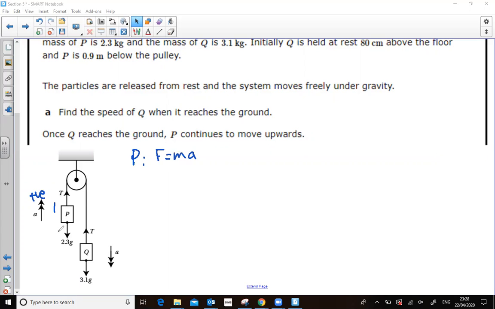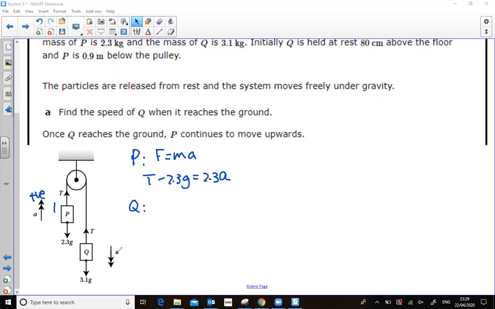So the resultant force would be T, which is going up, and a negative weight, so we take away 2.3 G, and that equals M, which is 2.3, times A. Okay, now that's our first equation.